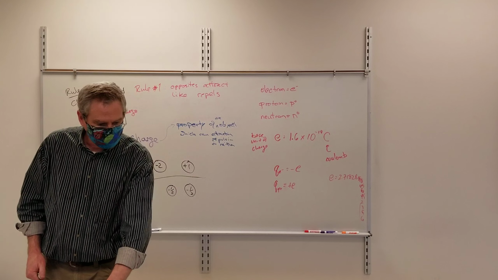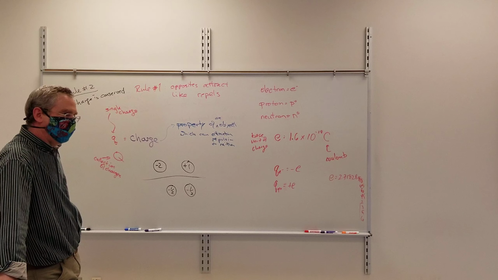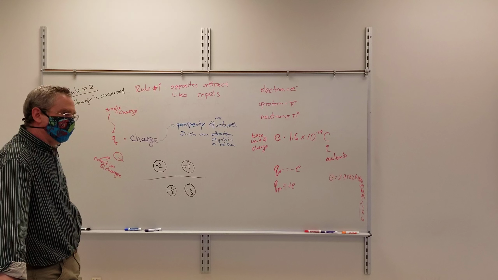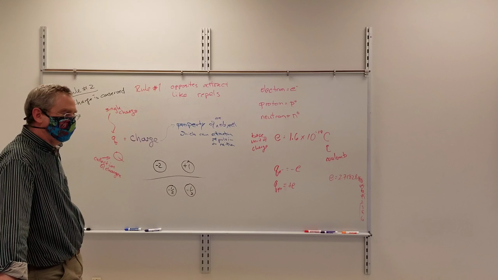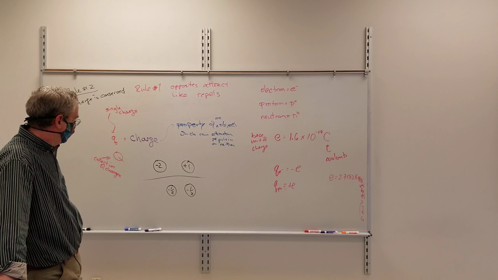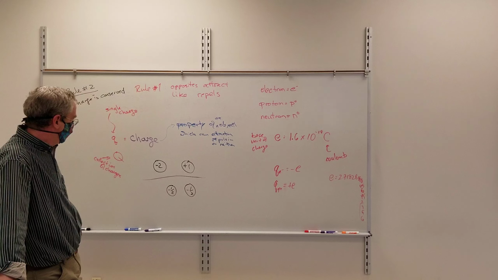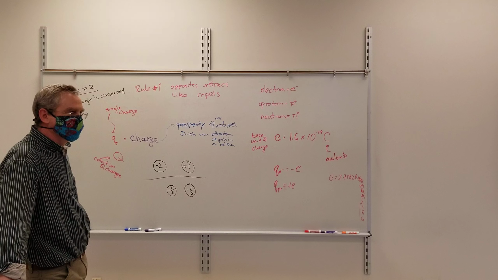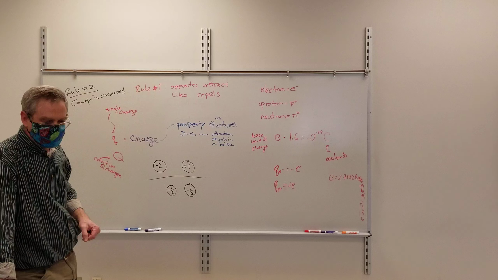So if this one was -2 and this one was +1, it would end up -1/2 and -1/2? Yes, if they were touching for a second or two. To get that, you add 1 to -2 and divide by 2, because the net charge stays the same and is split evenly. Right.